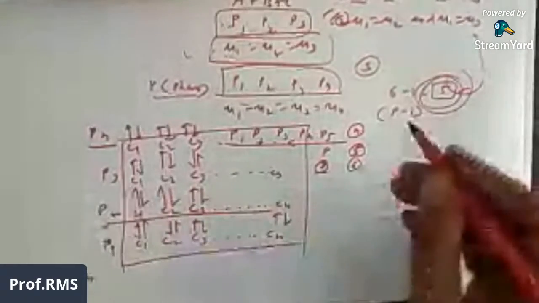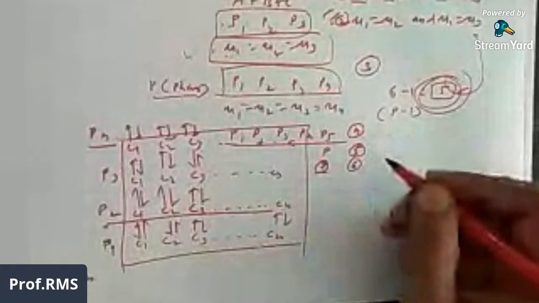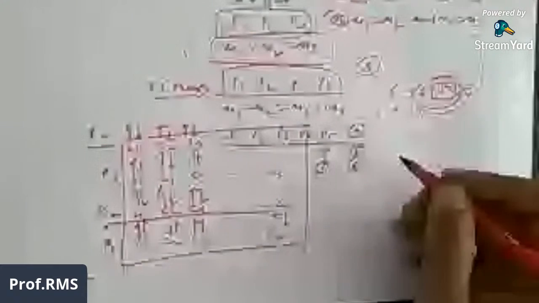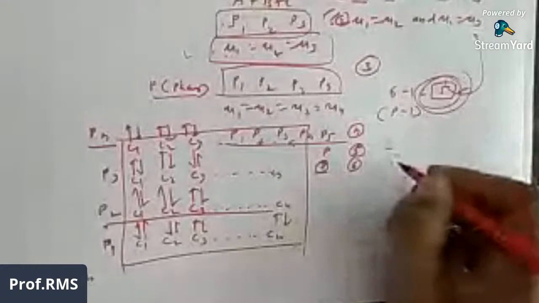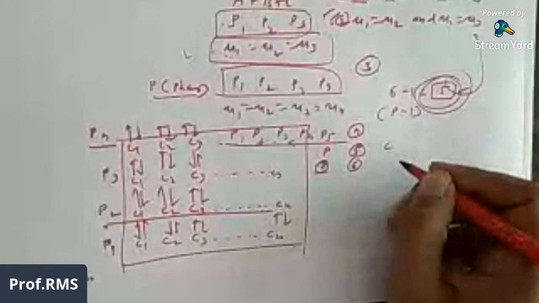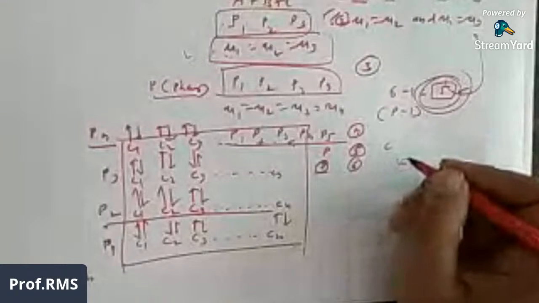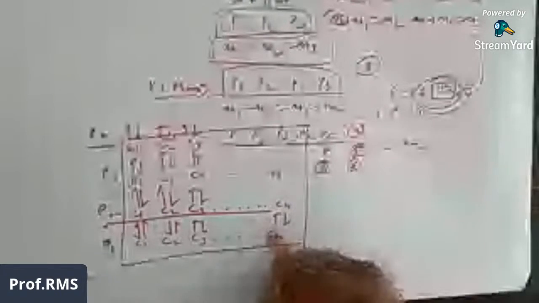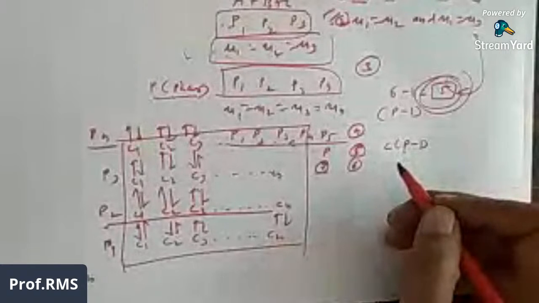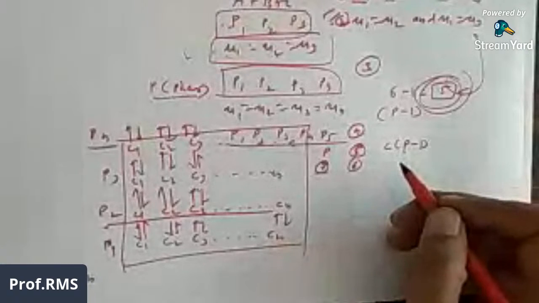So we can write here, for a number of components, for a number of phases, we have p minus 1. What are the equations for three phases?